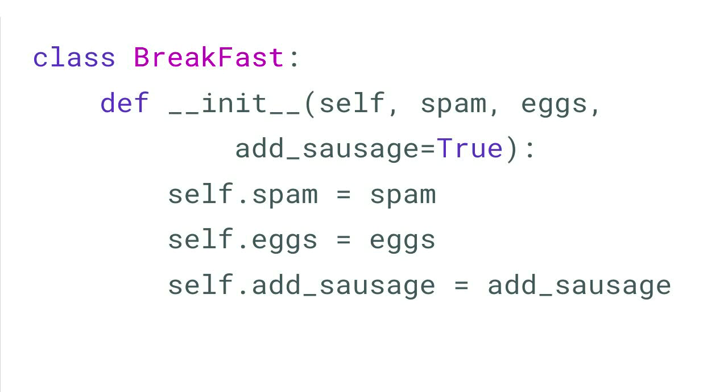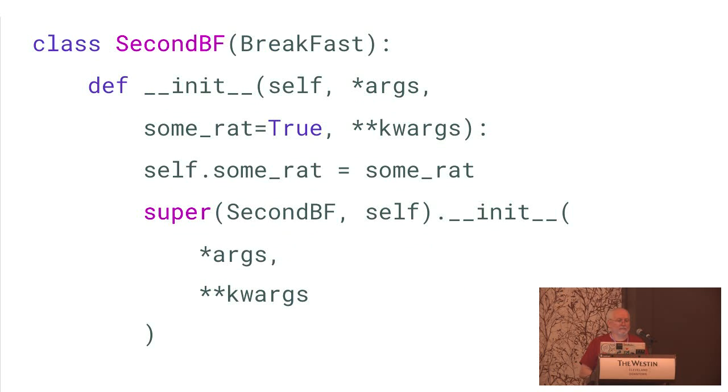So I have a simple class, right? It takes a couple of positional arguments, and it takes a keyword argument. I'm going to have another class that inherits from that. And this class takes an additional keyword argument that the parent class doesn't know about. So to make things work right in Python, I have to do the initialization code in the child and then call the initializer in the parent.